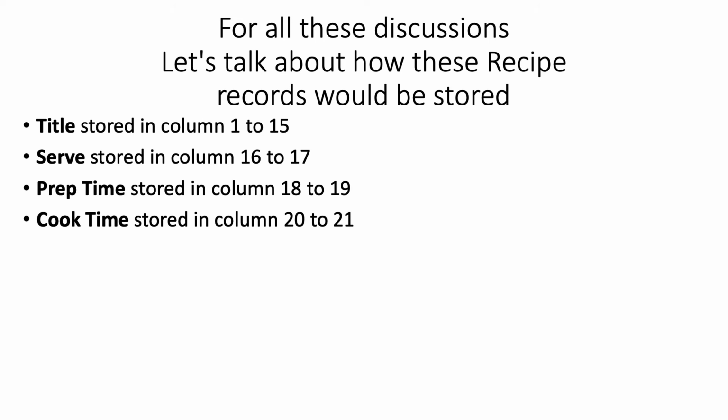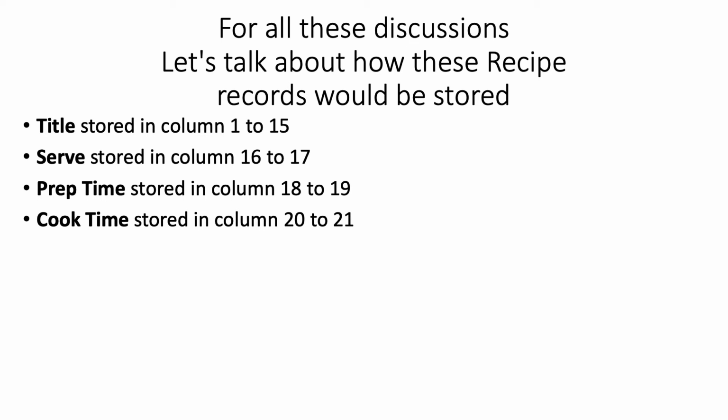Let's go back and review those records that we had on the recipe card. And we're only going to use a subset. We're only going to talk about the title field, the serves field, the prep time field, and the cook time field. And based on the size of the records we had on the card, we know that the title is going to have to be 15 characters wide.